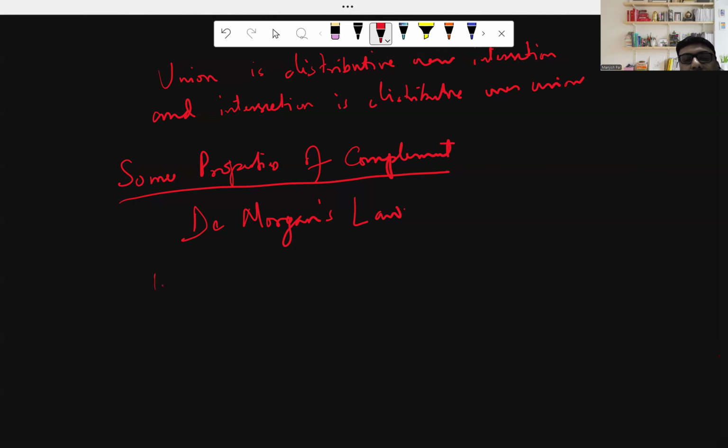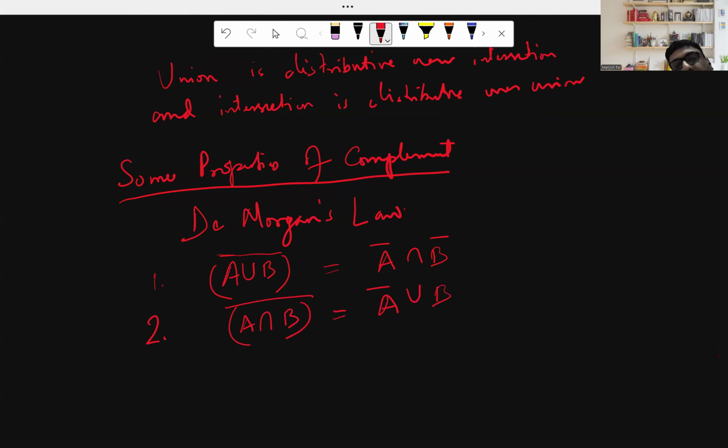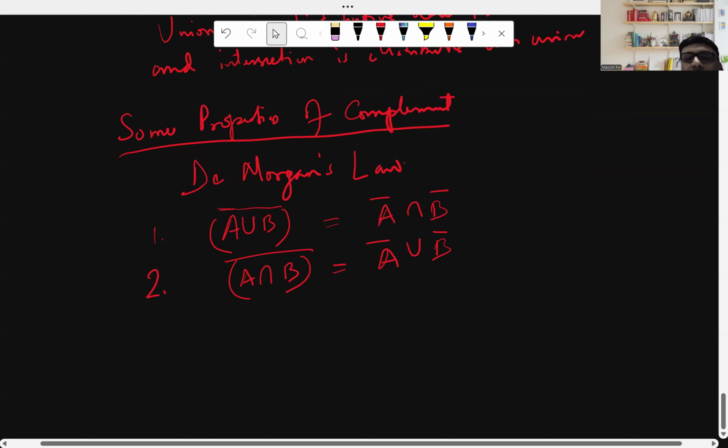If you look at A union B complement, this is the same as A complement intersection B complement. And A intersection B complement is the same as A complement union B complement. So as you can see, in De Morgan's law the union and intersection get flipped.